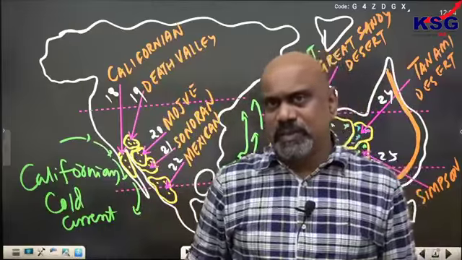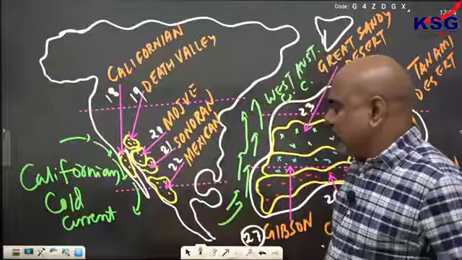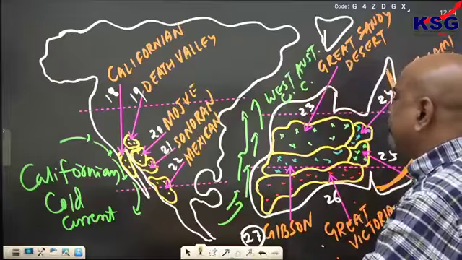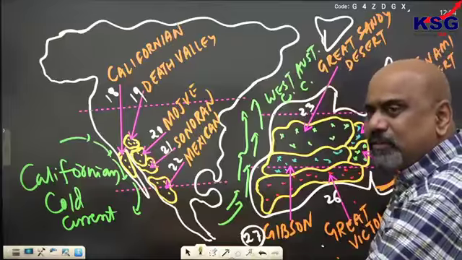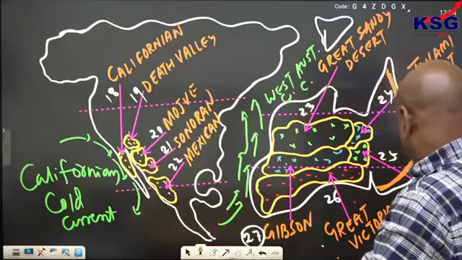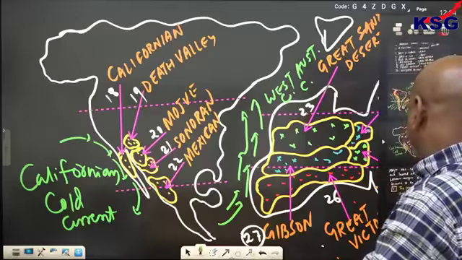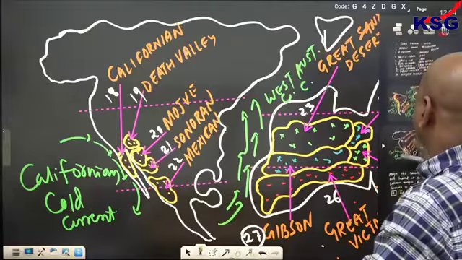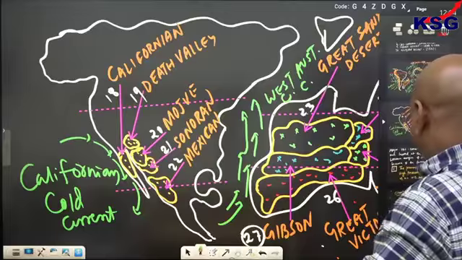This is called desiccating effect. So these are the main regions of desertification and desert formation. Major causes of desert formation are these. I hope you got it, all of you.